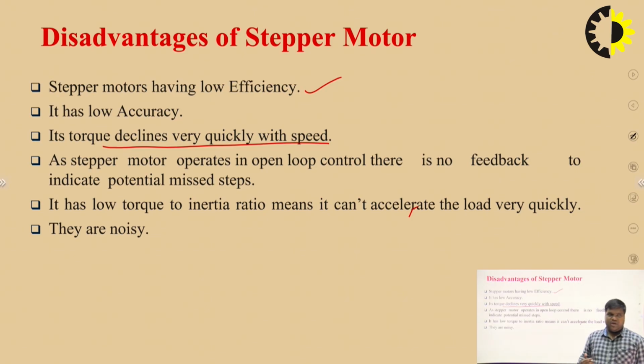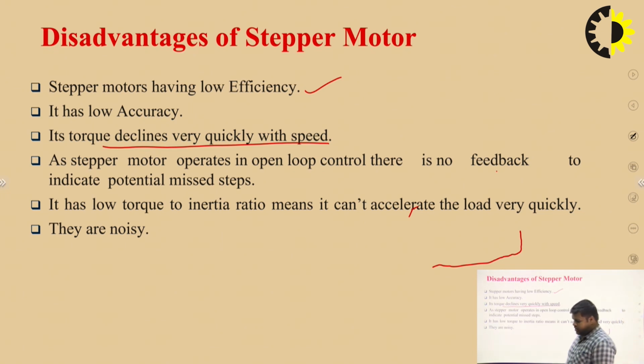As the stepper motor operates in an open control loop system, there is no requirement of feedback, because feedback is only used when the closed loop control system is required.